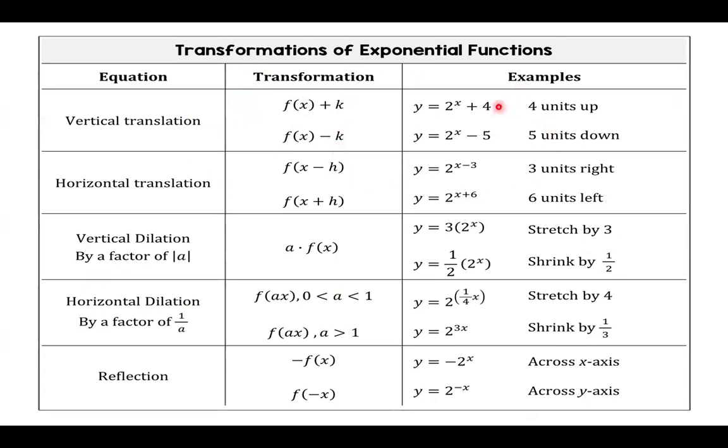So when I add or subtract to the outside, this is what it looks like. Your vertical translation is going to affect your horizontal asymptotes. Okay? Because normally our horizontal asymptote is at 0, right? But if I start shuffling up and down on that y-axis, what's going to happen to my horizontal asymptote? It has to move also, right? It's not going to remain at 0.